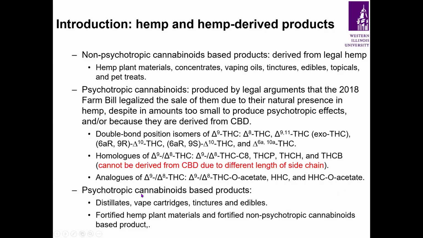Now, psychotropic cannabinoid-based products include distillates, vaping cartridges, tinctures, and edibles, as well as fortified hemp plant materials and fortified non-psychotropic cannabinoid-based products listed over here.